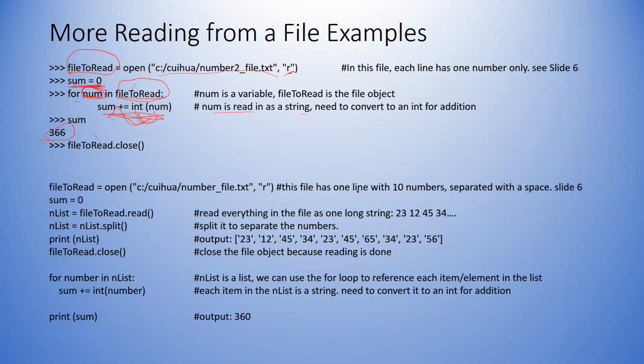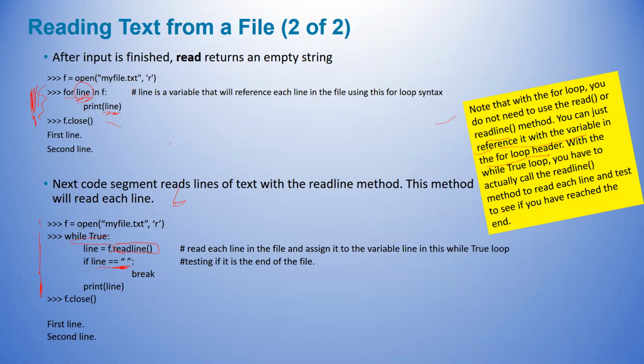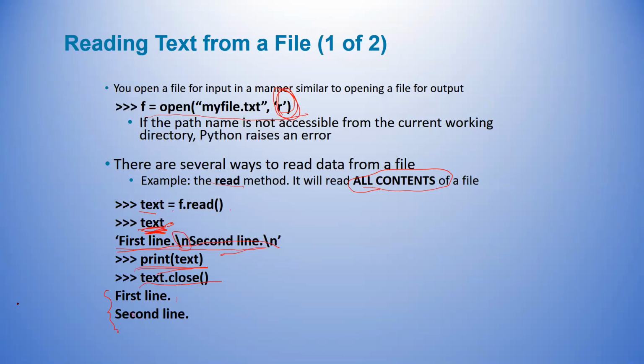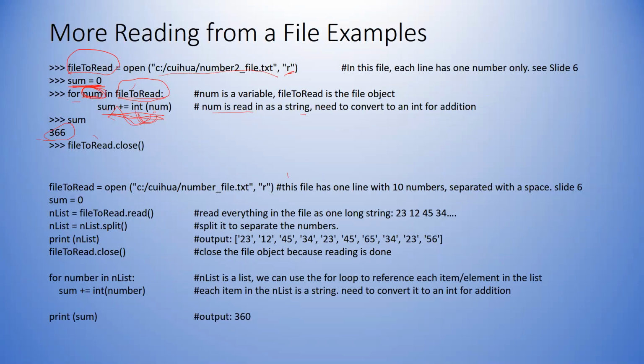And this one, the file has one line with 10 numbers. This is how we do it, one way. I declare this, and I read the whole file.